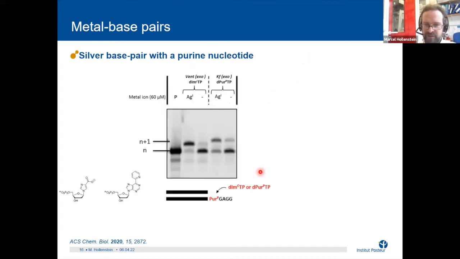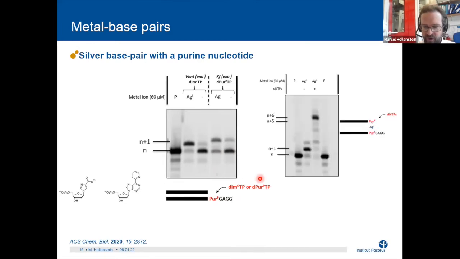The use of these two modified nucleotides is quite convenient and works decently well, because we can form with high efficiency silver-mediated artificial metal base pairs. And even more, once installed, we can continue DNA synthesis with unmodified nucleotides.